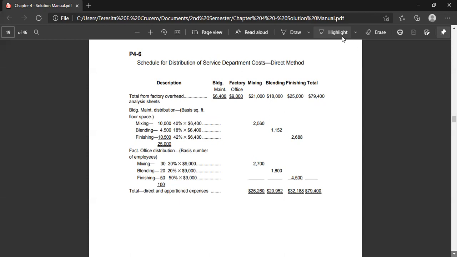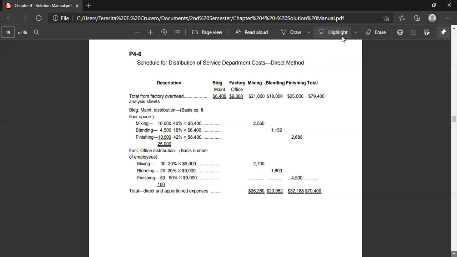However, we are told that using the direct method, we allocate the service department cost directly to the producing departments only.